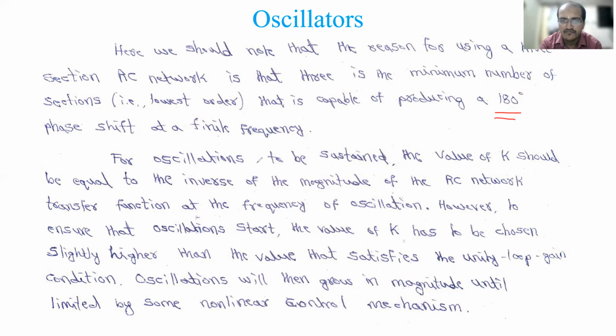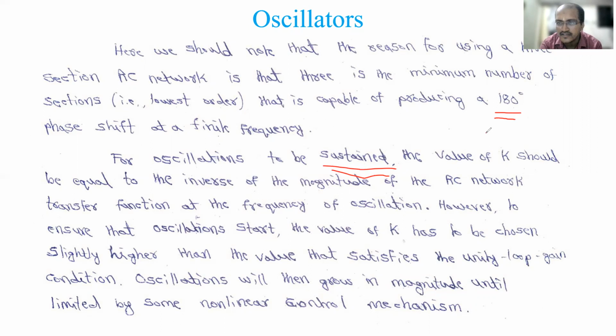For oscillations to be sustained, not only generating the waveform but maintaining it, the value of K should be equal to the inverse of the magnitude of the RC network transfer function at the frequency of oscillation. Why the inverse of the magnitude?